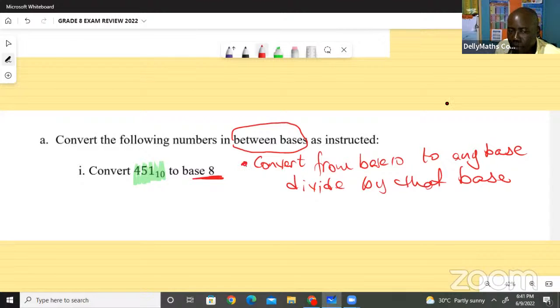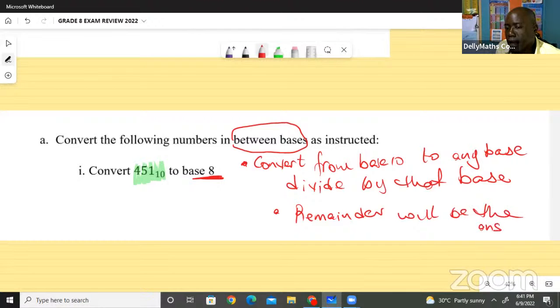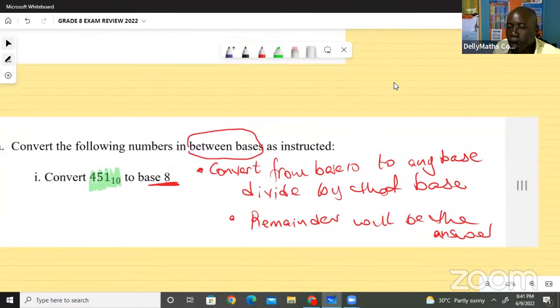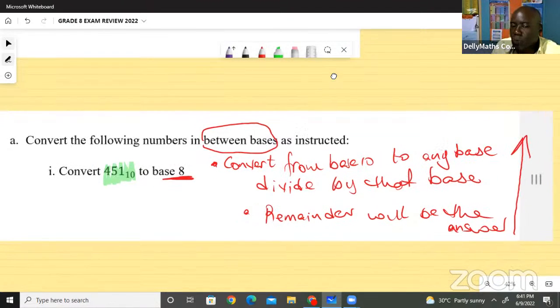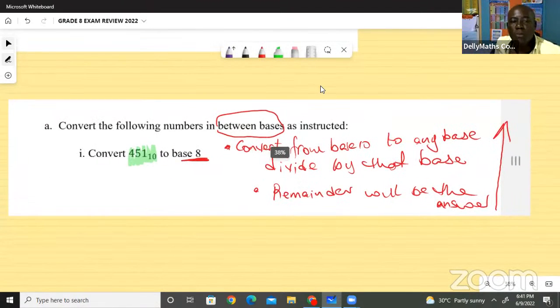When you divide, it's the remainder that is going to be the answer. And you're going to read your answer going up. So this is what you have to remember: moving from base 10 to any base, we divide by that base, keep the remainder, and then read the answer going up, backwards.